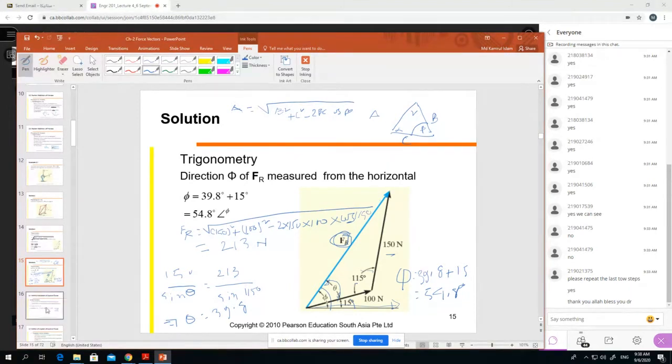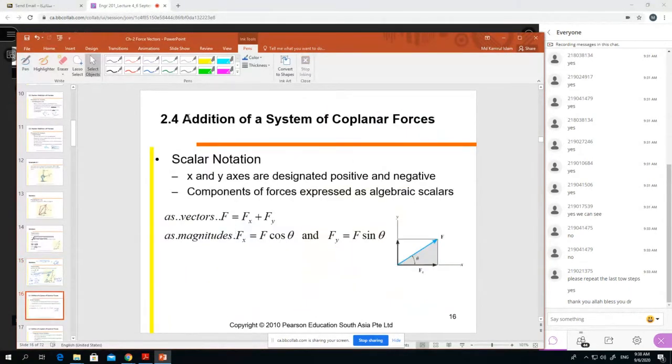So we go to the next chapter. Next one is addition of a system of coplanar forces. Can anyone tell me what you mean by coplanar? Anyone, please?